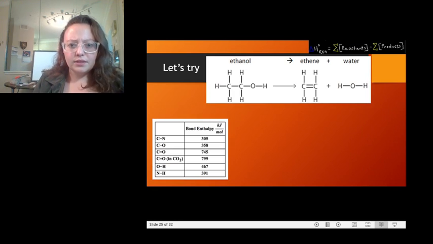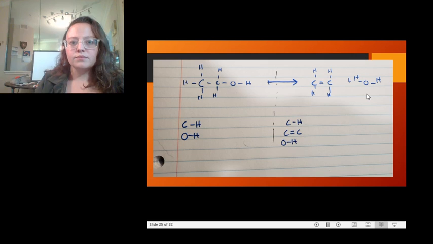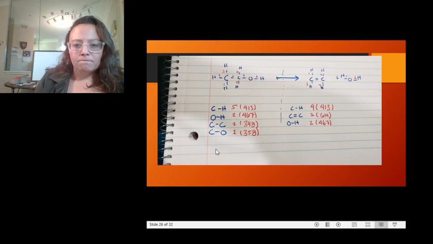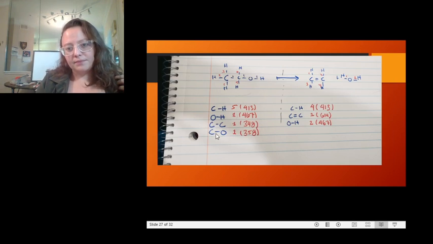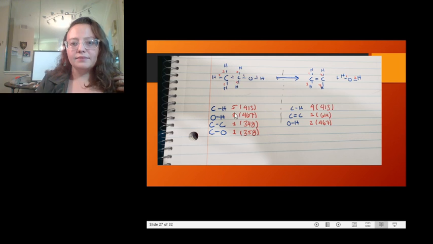Let's try another one. So we have ethanol breaking down into ethene and water. We have our C-H bond, our O-H bond, C-C, C=C, O-H over here, and I have the two that weren't on the other slide previously. We have 1, 2, 3, 4, 5 C-H bonds, 1, 2, 3, 1, 1, and 1 of the other bonds.